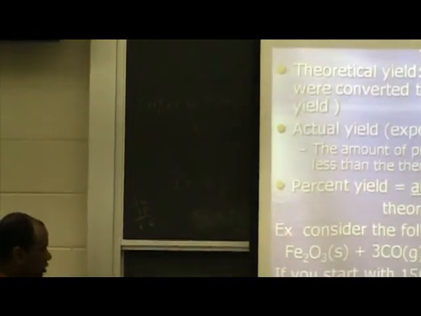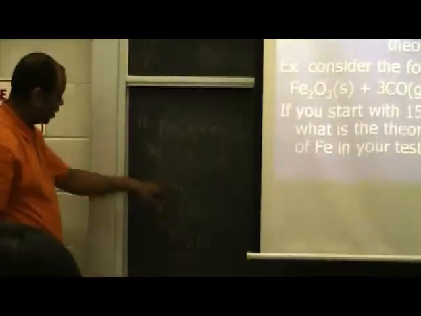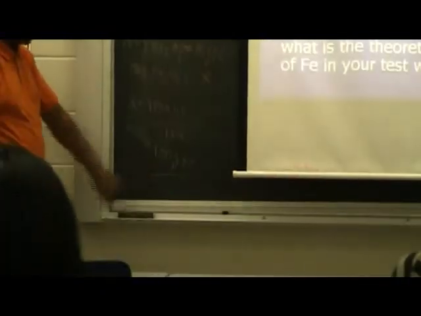Okay, 160 grams gives you 112. So 150 gives you X. So the amount of X is 105 grams of iron.